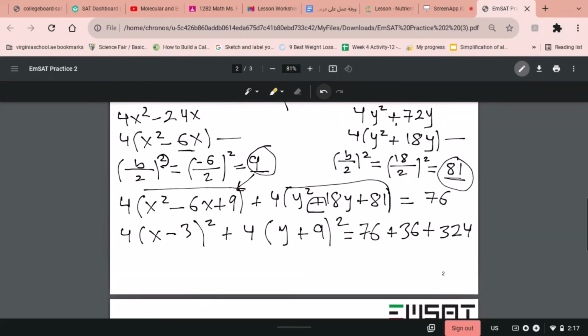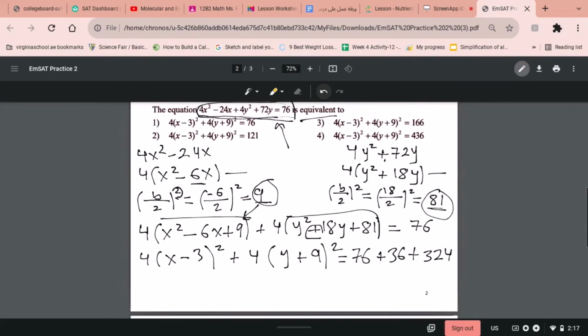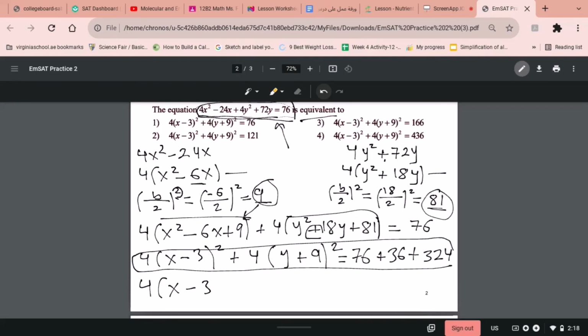So finally, we reached the final step, but we still have to add those three products. So we write again 4(x minus 3) squared plus 4(y plus 9) squared equal to 76 plus 36 plus 324.